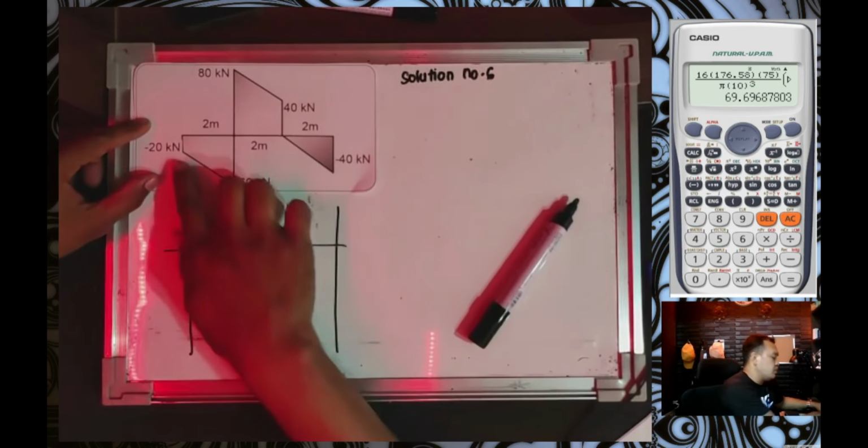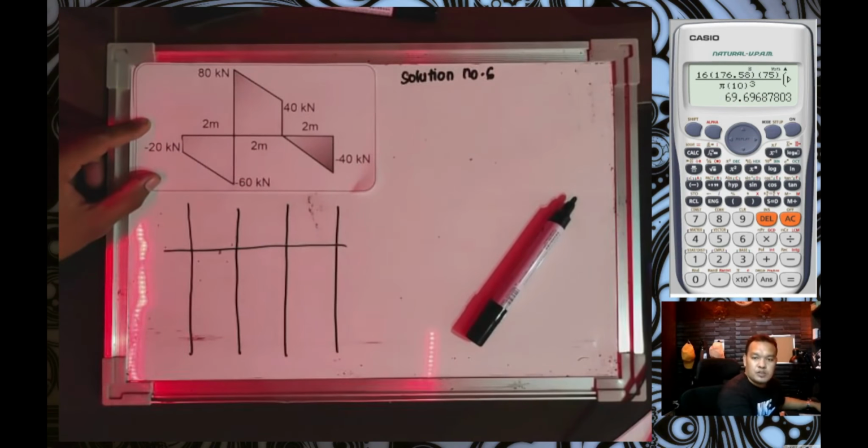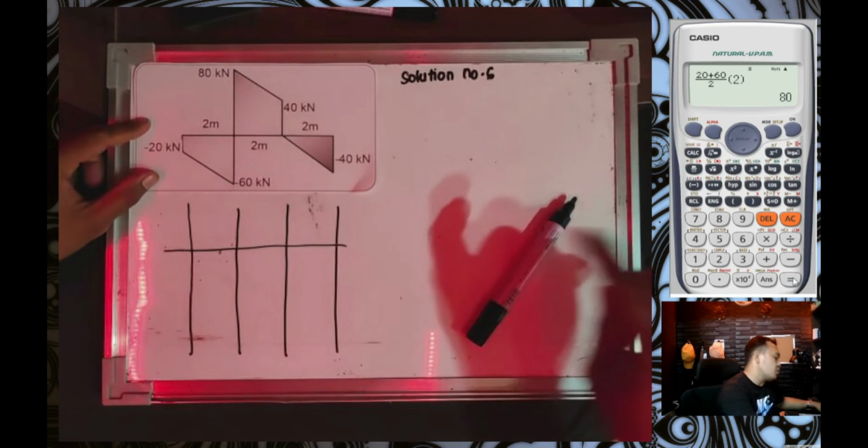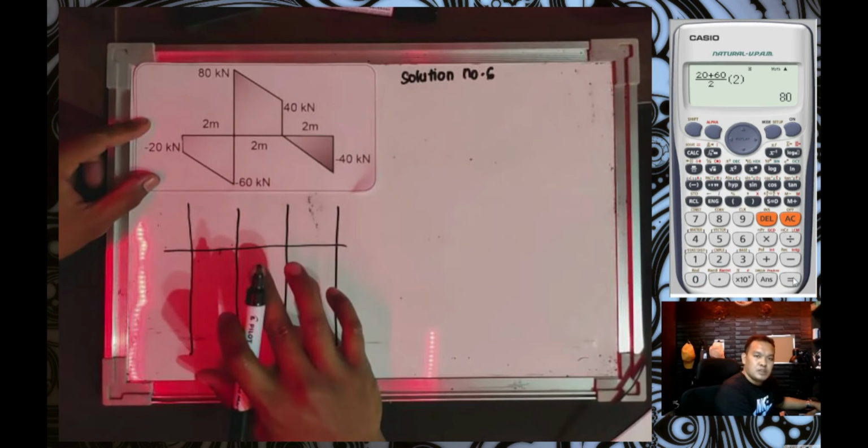Meron kang 20 and 60, so kukumpute natin yung area, yan ay trapezoid. 20 plus 60 divided by 2 times the height. The height will be 2 meters. So, meron kang 80.